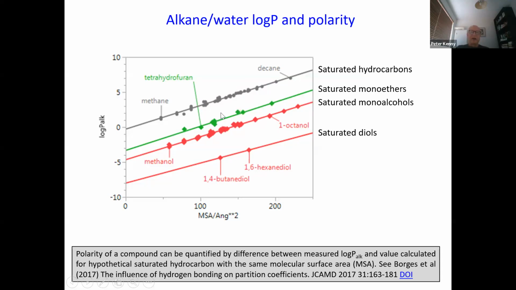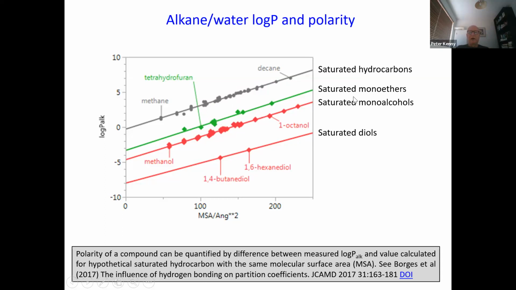And you can see the lines are pretty much parallel. What that's telling us is that we can use the distance between the lines to effectively quantify the polarity of an oxygen. I'll show you the figure in the next couple of slides.